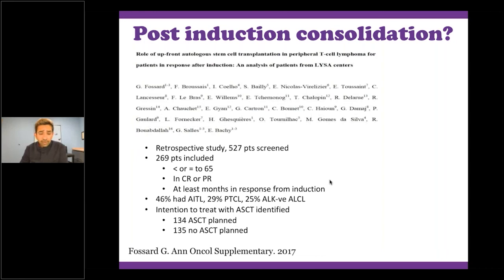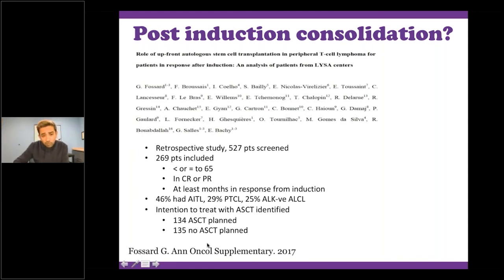Now, there have been some studies that have looked to see if adding a transplant is really beneficial, but most of these studies are retrospective, meaning they were not randomized prospectively. For example, this group identified about 270 patients, some who were intended to get a transplant and some who were not planned to get a transplant.